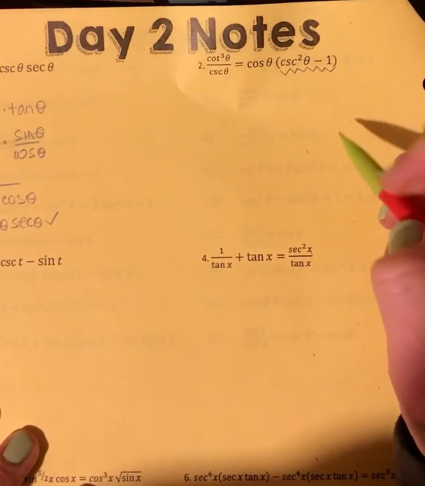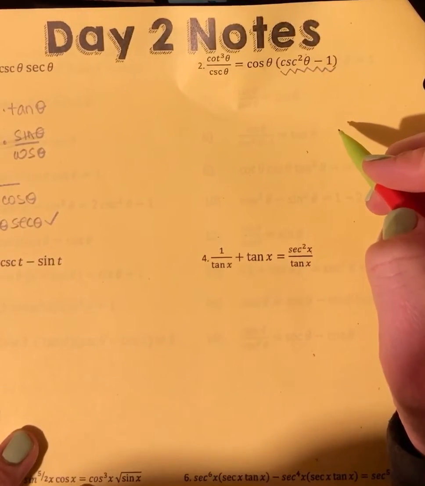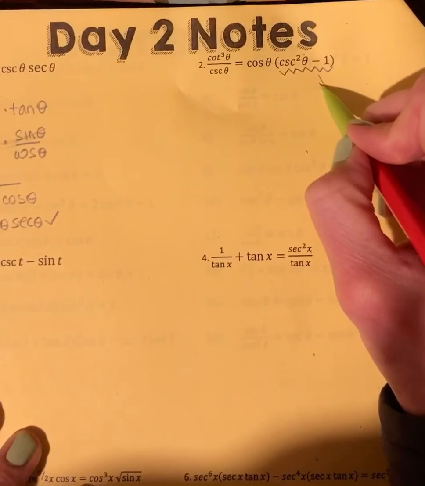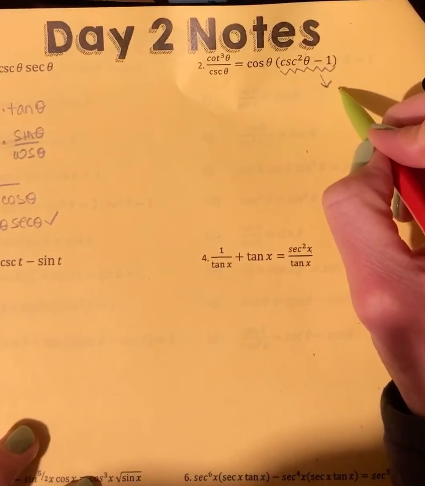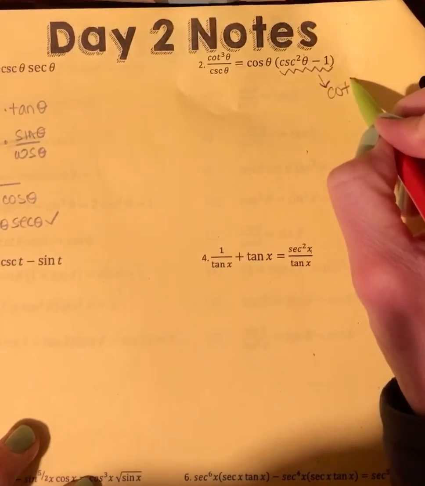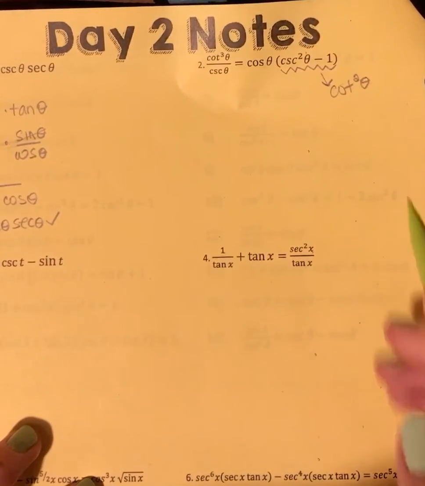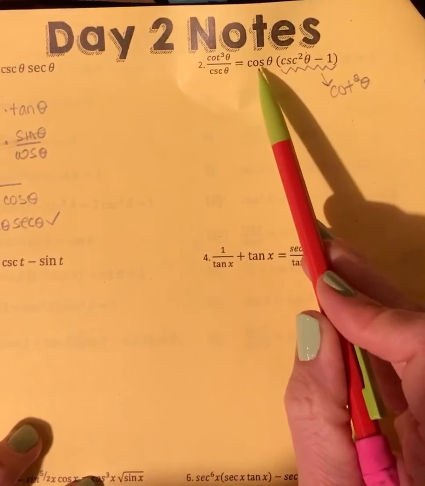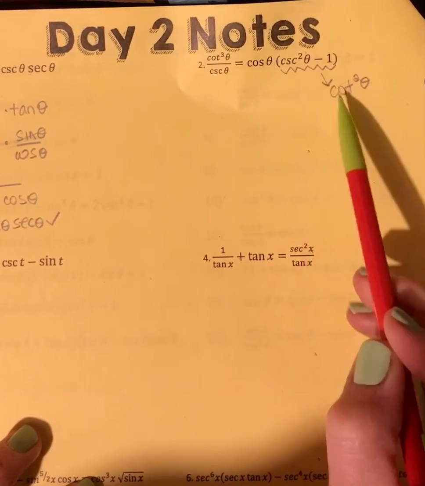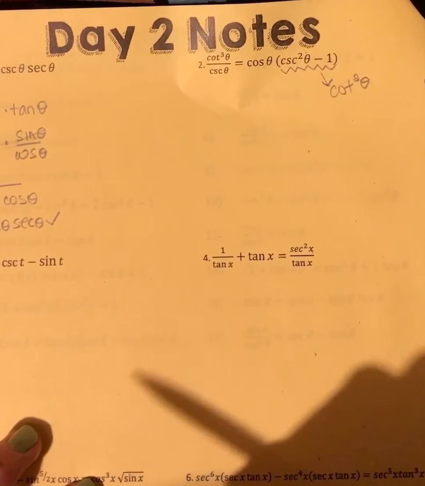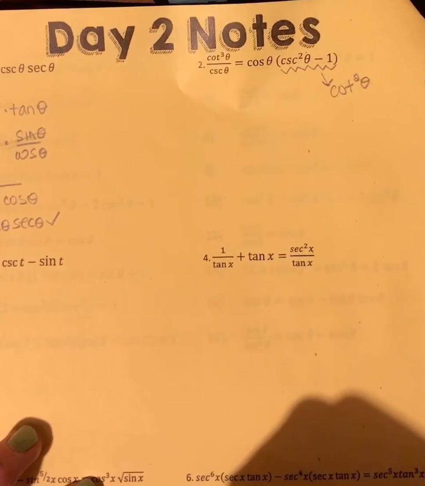When I look at this, I know that cosecant squared theta minus 1, that is cotangent squared theta. So I really need to get this to say cosine theta times cotangent squared theta. So that's what I'm going to try to do.